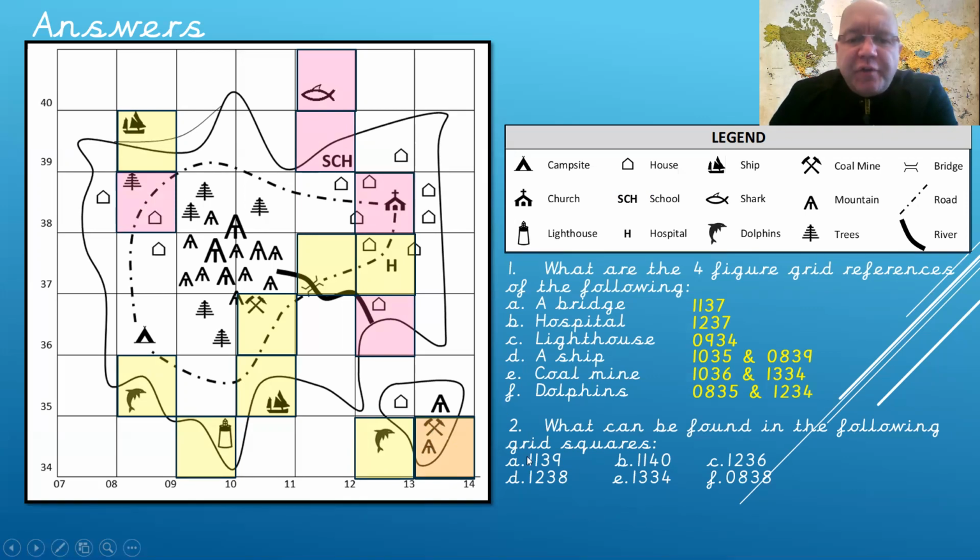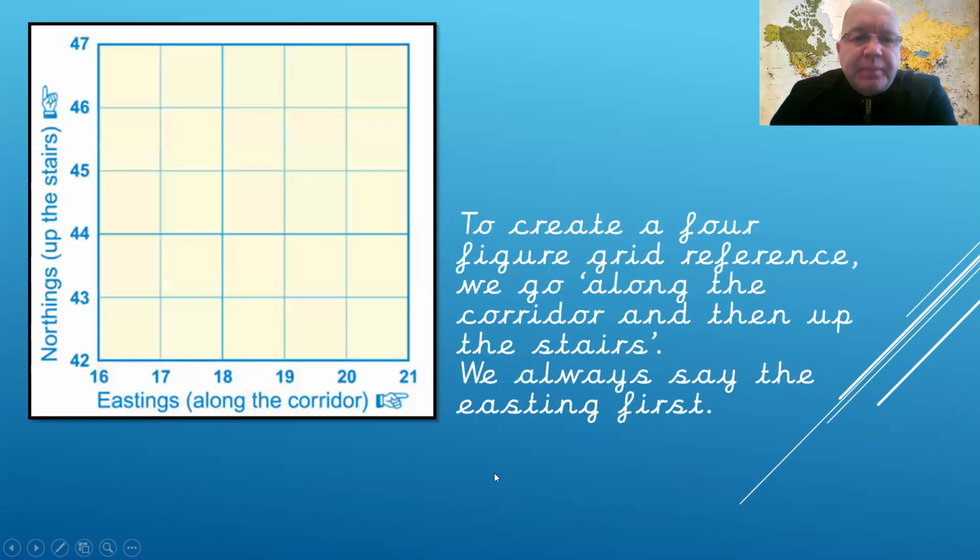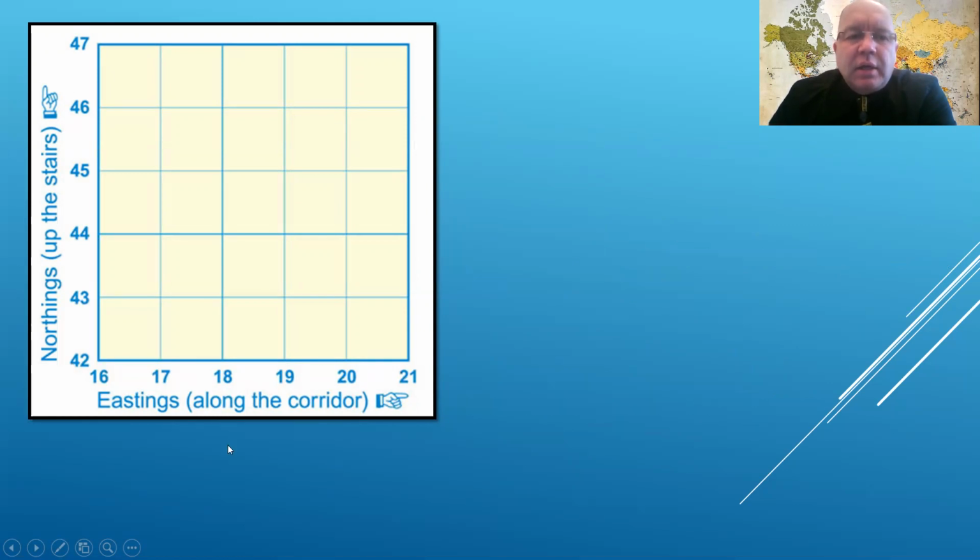So that's using 4-figure grid references. And this is just a quick reminder as to how we found them. We always start with the eastings. We always go along the corridor before we go up the stairs. So eastings first, then the northing. So remind me, what's the 4-figure grid reference of the red spot?